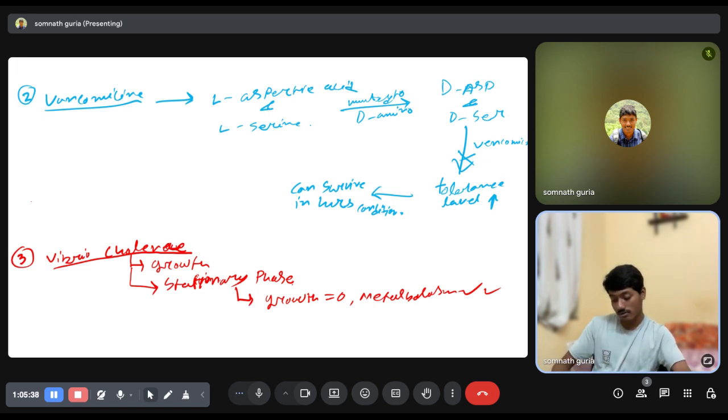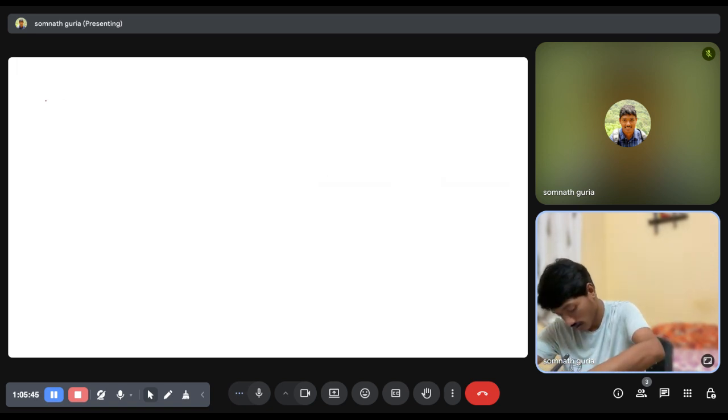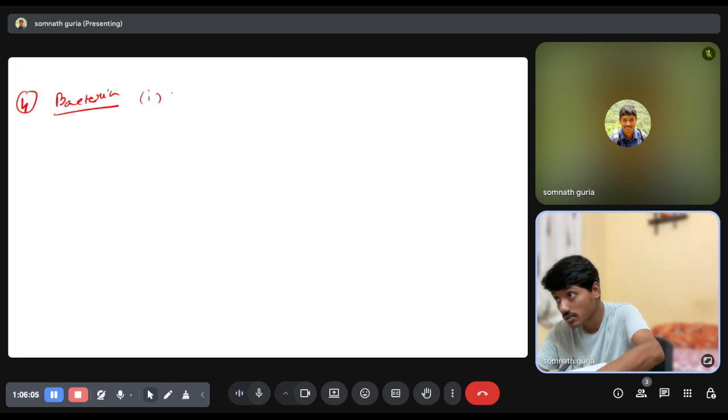Okay, now another example, example 4, is the bacteria for the planktons. We can find two kinds of things in bacteria. One is the planktons.